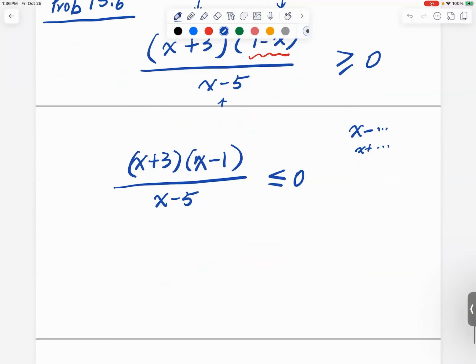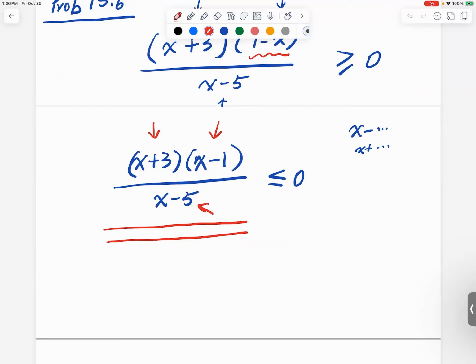Now the left-hand side quantity, whether it's positive or negative or 0, depends on the sign of these 3 binomials, right? These 3 terms.